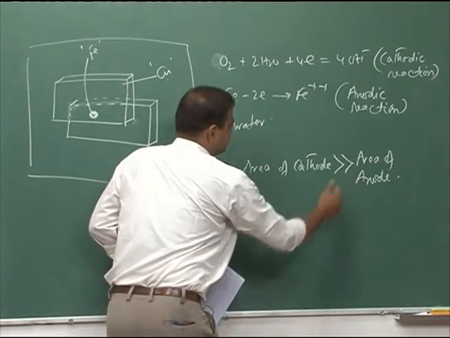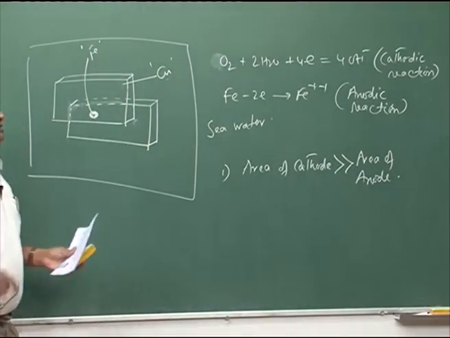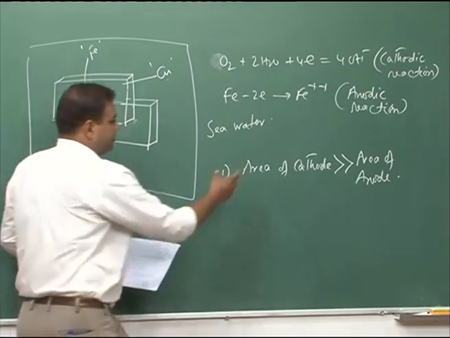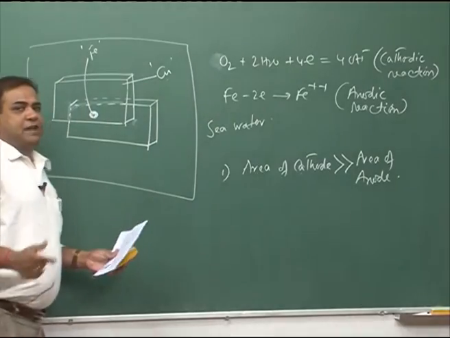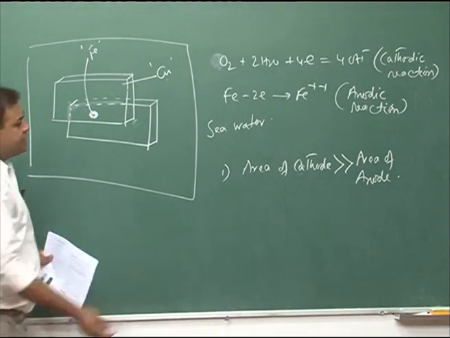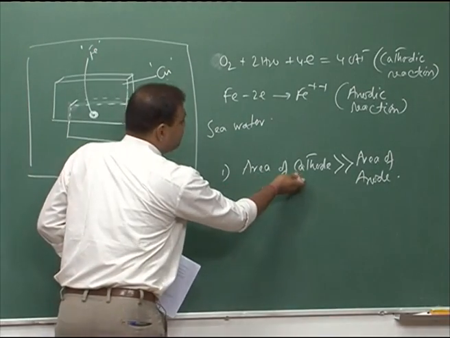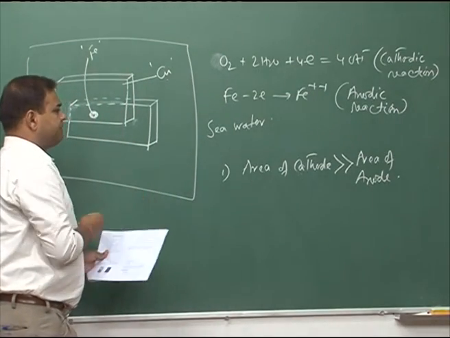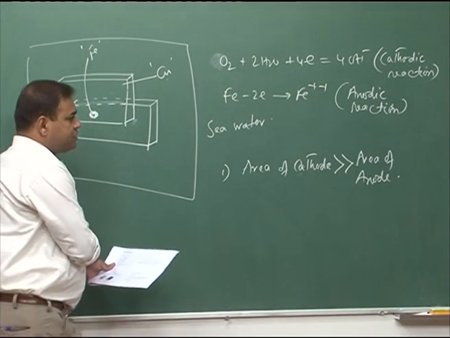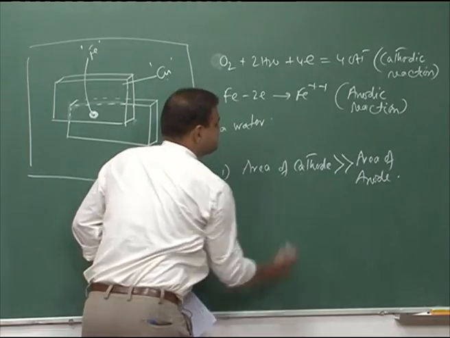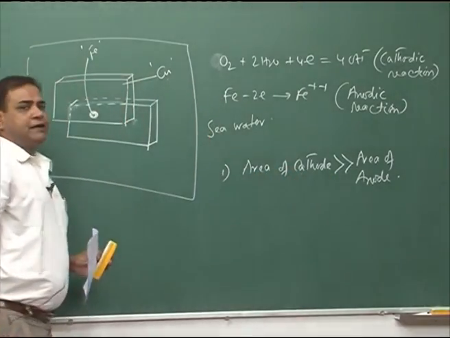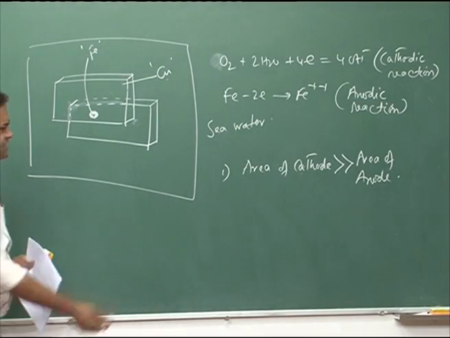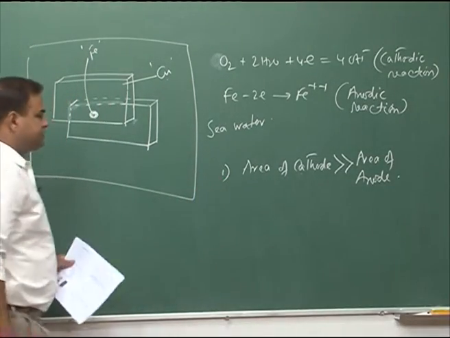Then the anodic dissolution would be much faster compared to the situation where the area of cathode and area of anode are the same. Now, the favorable situation where my control on the corrosion rate would be better is when the area of the anode is more than the area of cathode. So, this is one important observation.